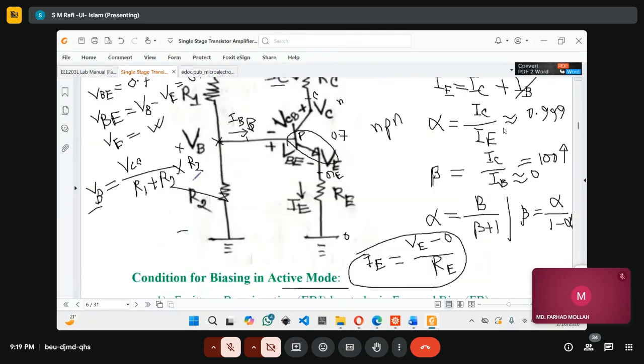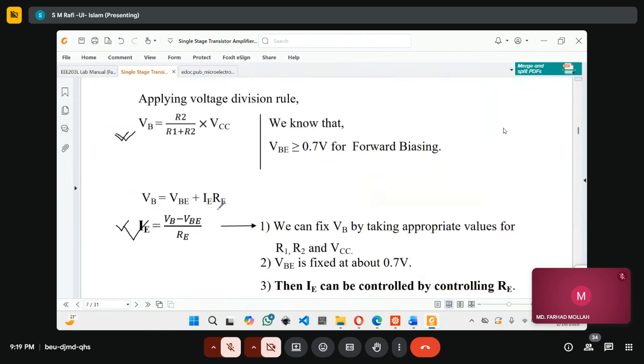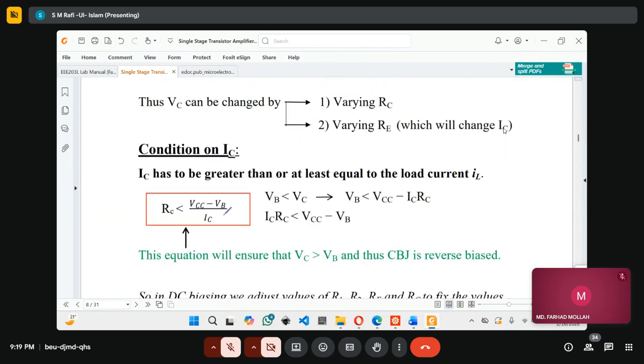Let's say if we know this equation, so designing should be very easy. Means what is called designing? Let's say I wanna fix it at certain value, 5 volt, and I wanna have certain amount of current passing through the emitter. What would be the resistor value for this system? So we can easily calculate using this formula. So that is the designing part.